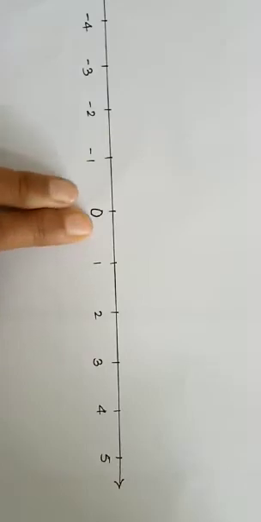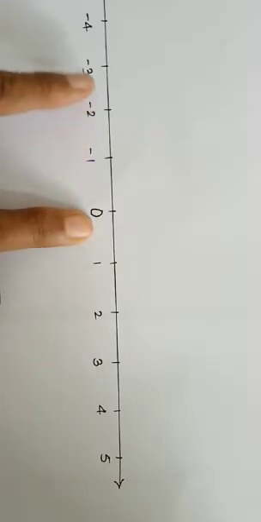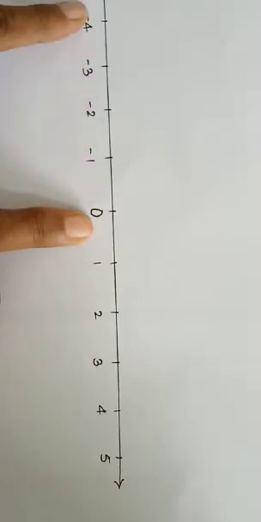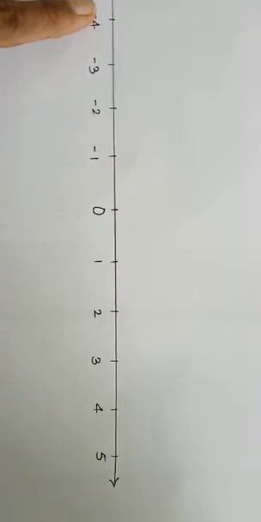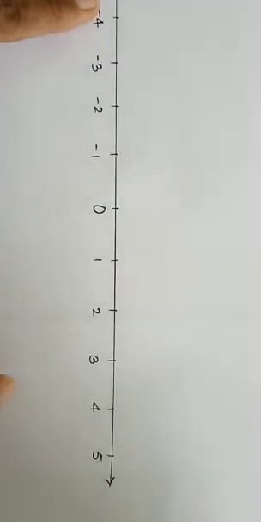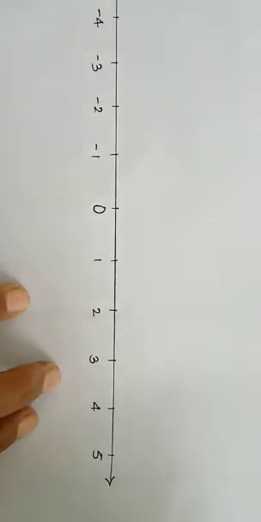And to the left of 0, I have written -1, -2, -3, -4, which are negative numbers.